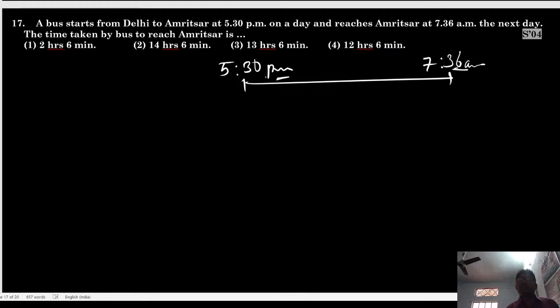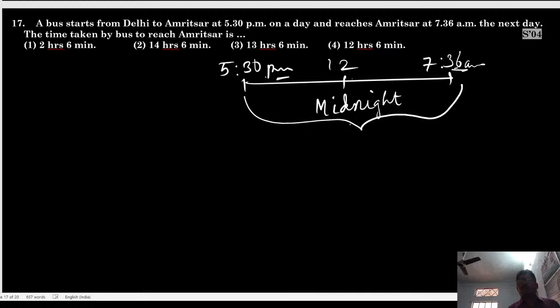Here p.m., here a.m., so in the middle is 12 midnight. Duration of activity is finishing time minus starting time.